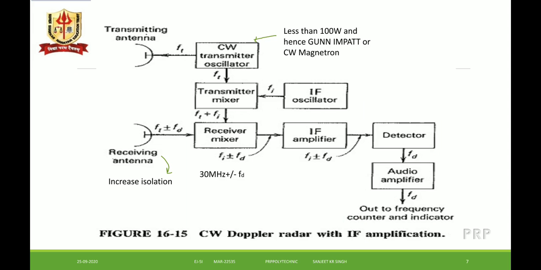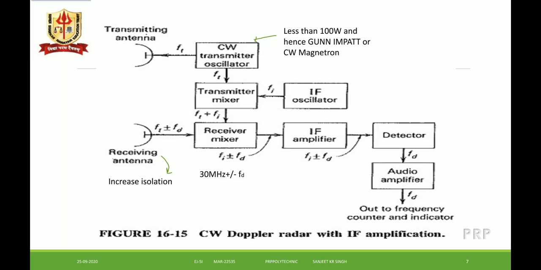Here is a modification of the simple continuous wave Doppler radar with IF amplification. In this arrangement, a small portion of the transmitter output is mixed with the output of a local oscillator, and the sum signal is fed to the receiver mixer.